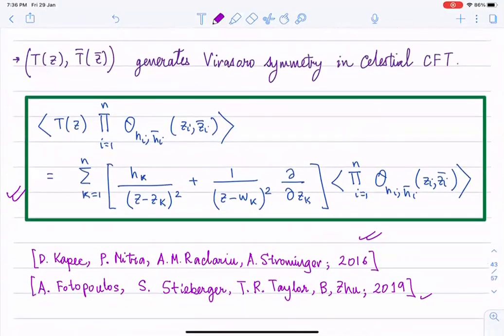So if I take a shadow transform, it does not respect holomorphicity, is it? Like if I take the shadow of some holomorphic operator, will that shadow be holomorphic, or it need not be? No. In this case, the shadow will not be holomorphic.